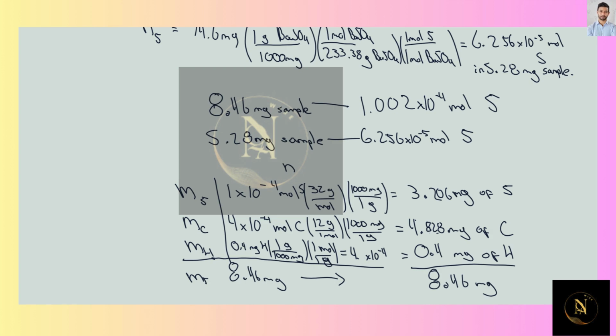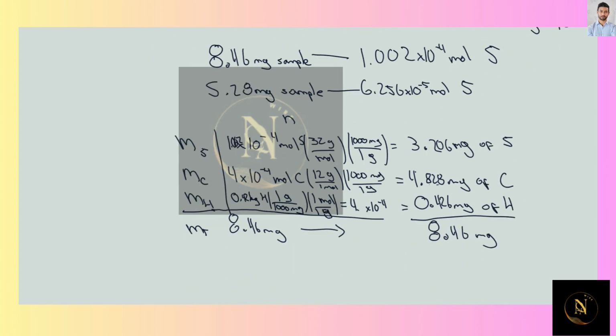So let's replace that value, because in this case, since we want to get the empirical formula, it is better to take as many decimal points as possible. So over here would be 1.002, and over here down below would be 4.023.